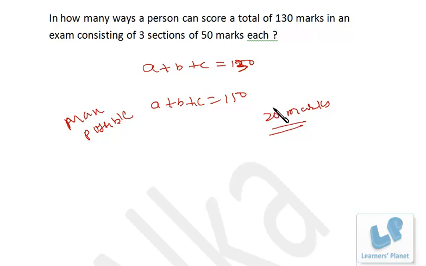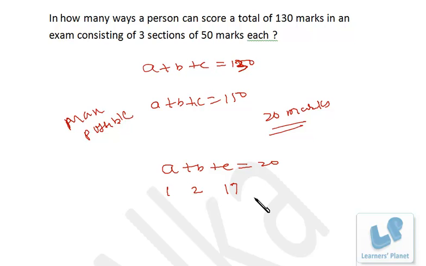So this loss of 20 marks can be distributed among the subjects A, B and C, so A plus B plus C is 20. Suppose, for example, he's losing 1 mark in A, 2 marks in B and maybe 17 marks in C. That means in section A he is getting 49 marks, in B he is getting 48 marks, and here he is getting 33 marks.